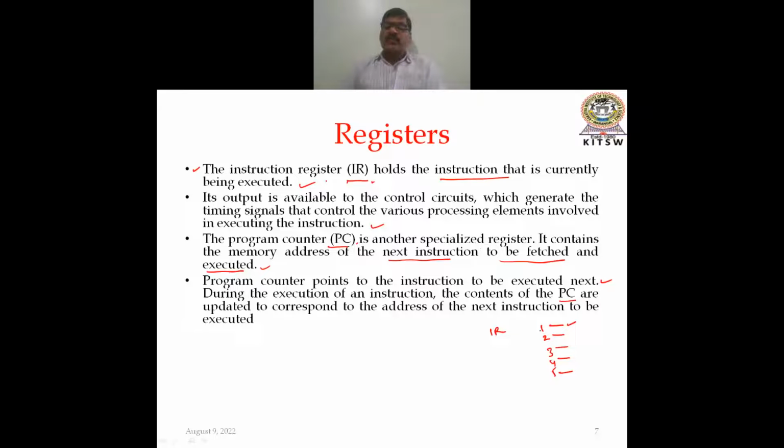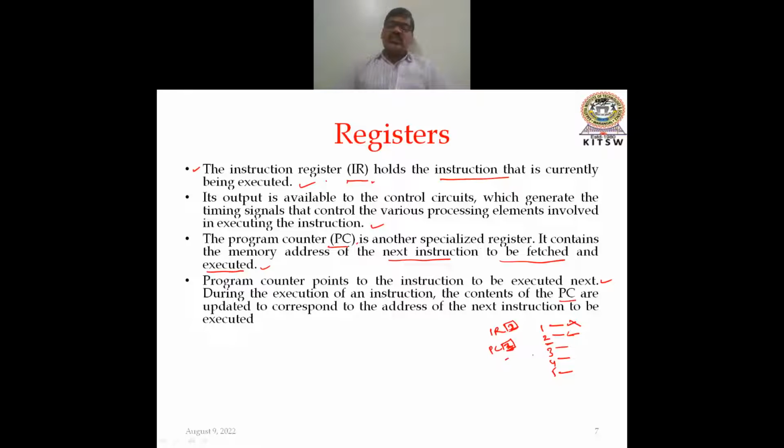The next instruction to be executed is stored in the PC, so it holds the address of the second instruction. Once the first instruction's execution is completed, the second instruction will be fetched, and its address is stored in the instruction register. Now after executing the second instruction, the address of the next instruction, the third, is stored in the PC.